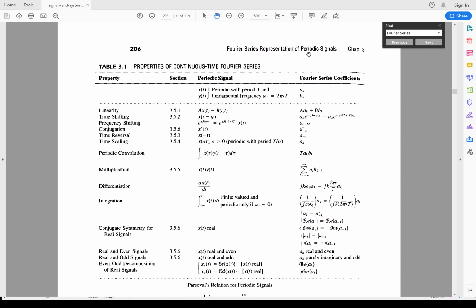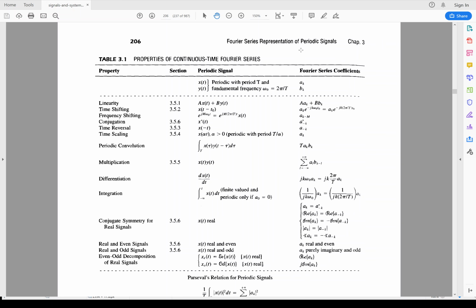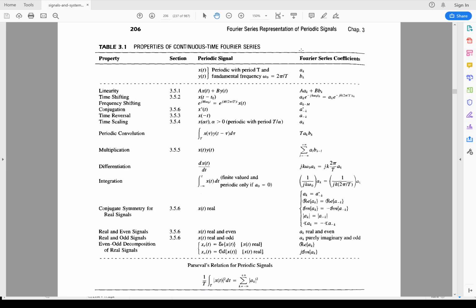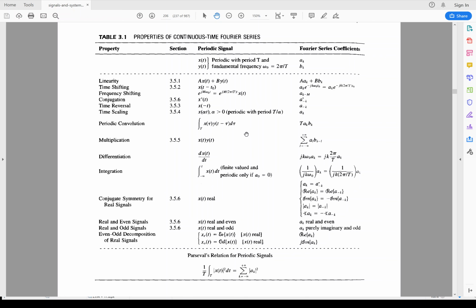table that I wanted to show you. This is table 3.1 on page 206 of Oppenheim's textbook. But almost all textbooks will have a table that is similar to this, and you can find them online as well. This is summarizing the properties that we've looked at. So you'll see a linearity property. And before that, you'll see periodic signal, x of t, y of t, Fourier series coefficients, ak, bk.